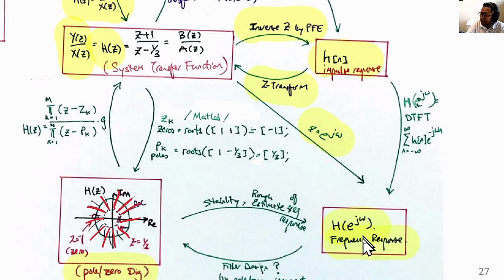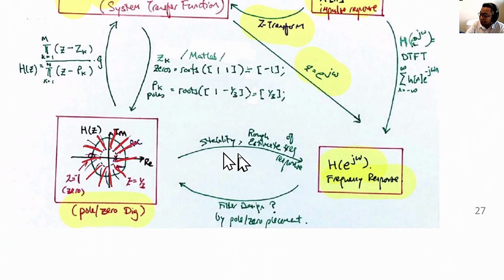Now, to reach H of e to the j omega, we could have come from H of z by substituting z equals to e to the j omega. We could have come from h of n because the Fourier transform of h of n, which is in the next part, is H of e to the j omega, the discrete time Fourier transform.